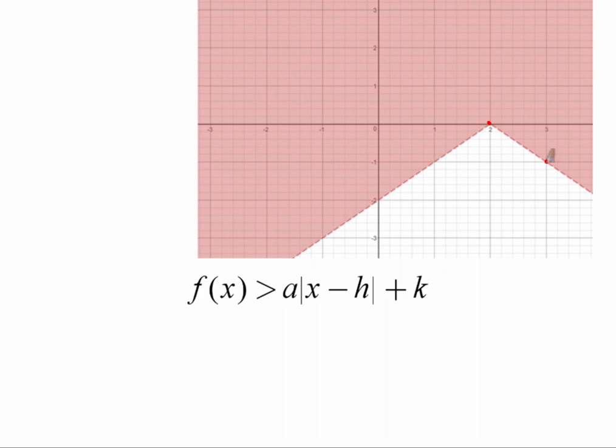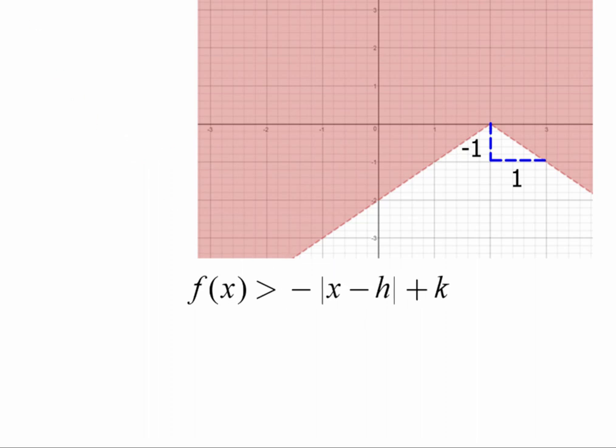Here's one more point. And if I look, I'm going down 1 and over 1. So if you remember, slope is rise over run. So -1 over 1, which is just -1. So my slope is -1. A is -1.